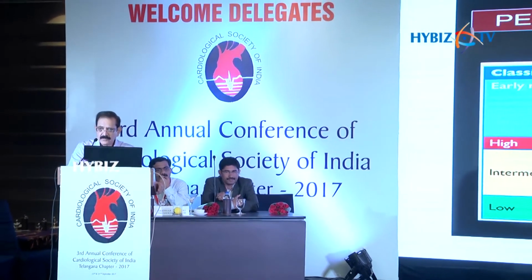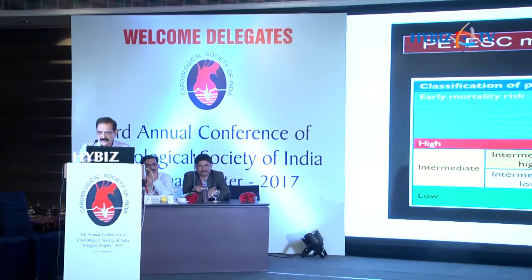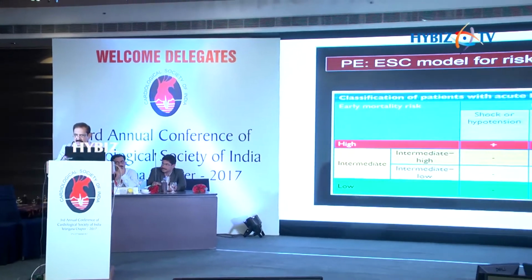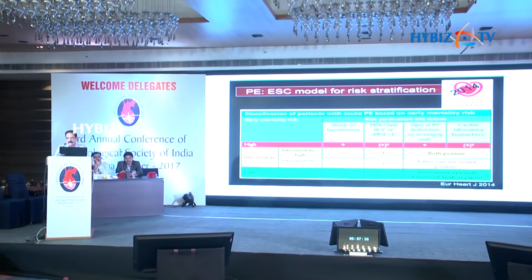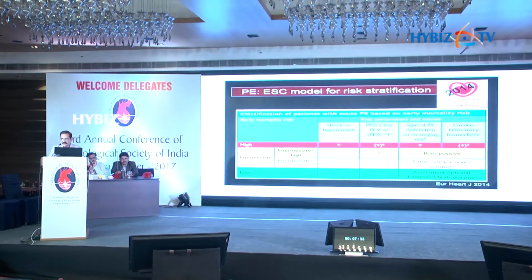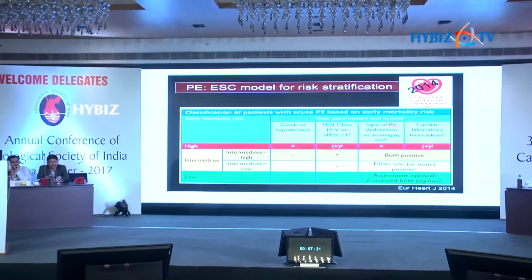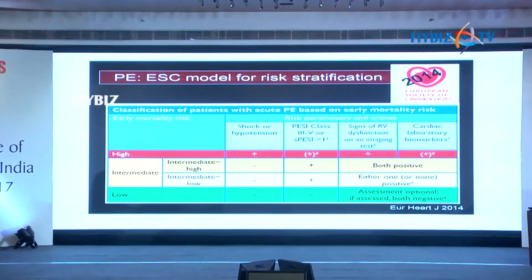The very important thing to be noted about the intermediate risk group is that it is not one uniform spectrum. In fact, it involves two different kinds of populations, one who has both parameters, elevation of cardiac biomarkers and also right ventricular enlargement or dysfunction, and another one who has either of them.